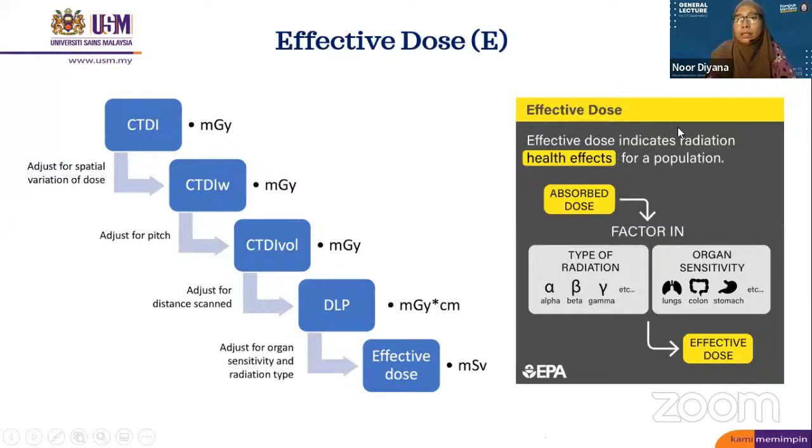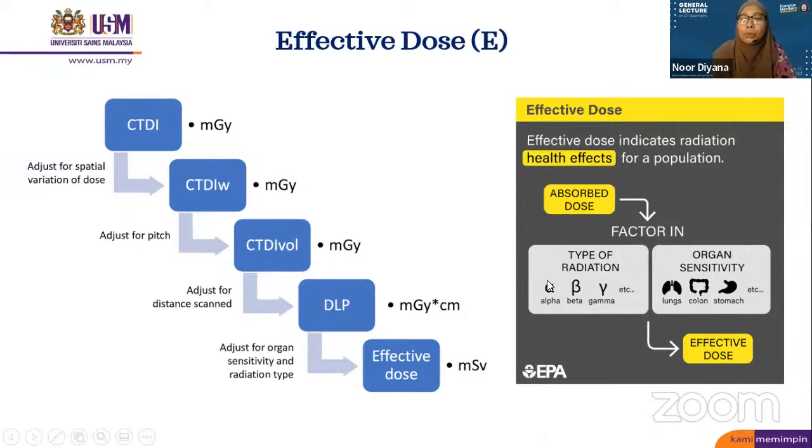Okay, so effective dose indicates the radiation health effects for a population. How you get the effective dose is by considering the type of radiation and the factors of organ sensitivity.